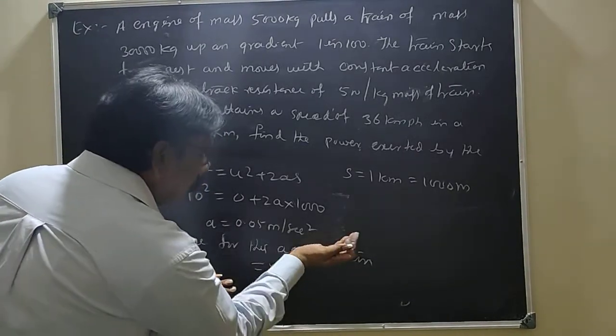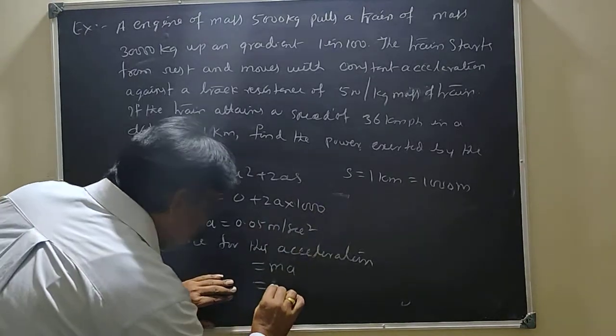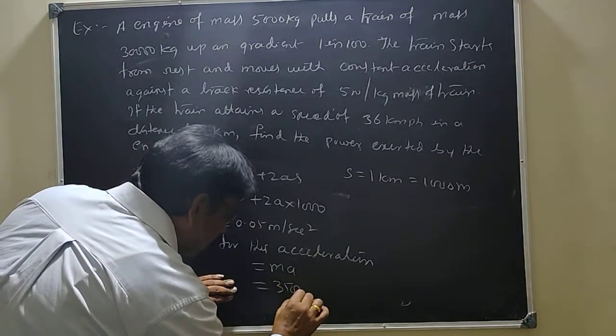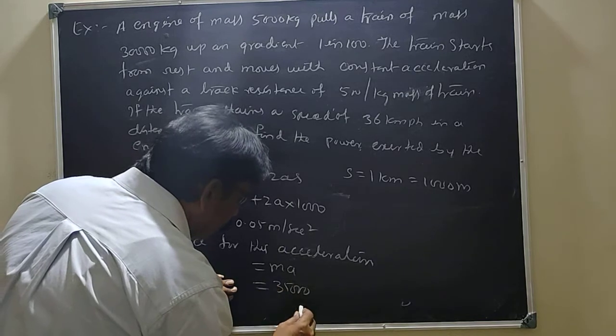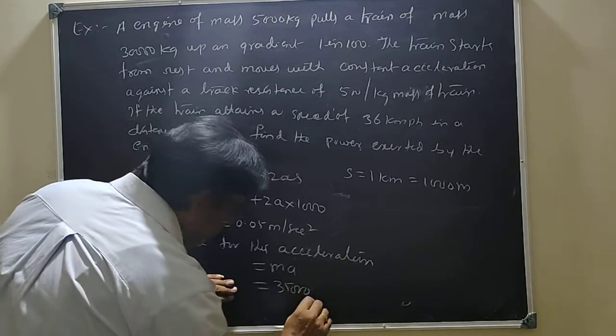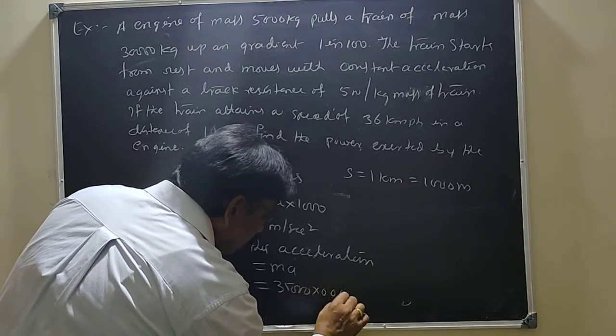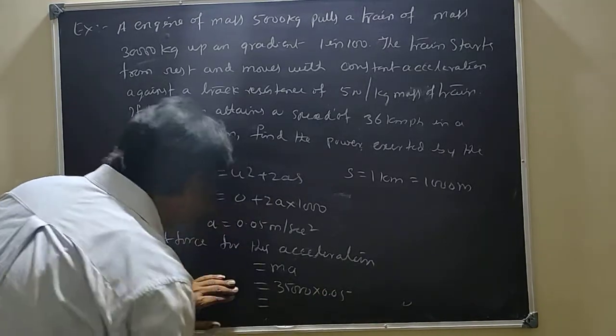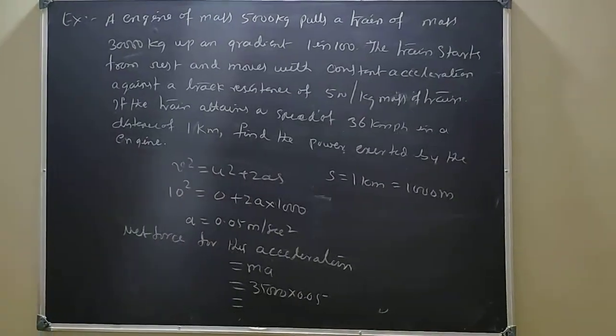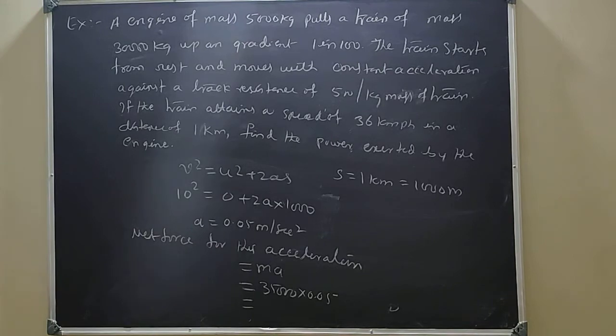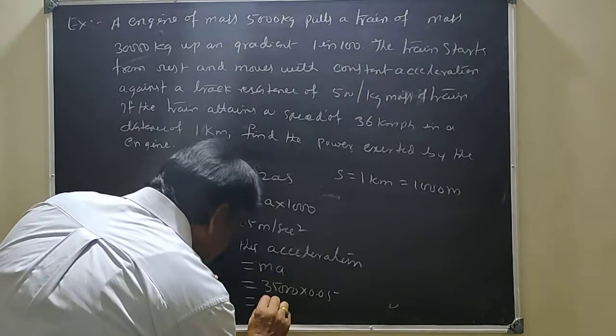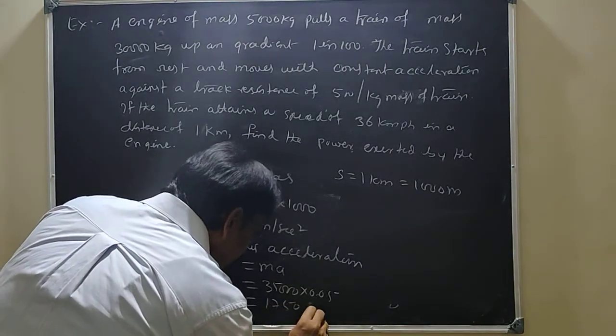The mass is 35,000 multiplied by 0.05, so that works out to be 1750 Newton.